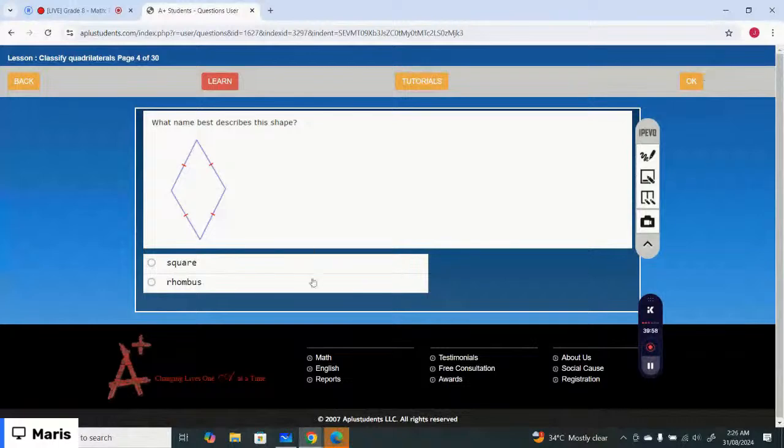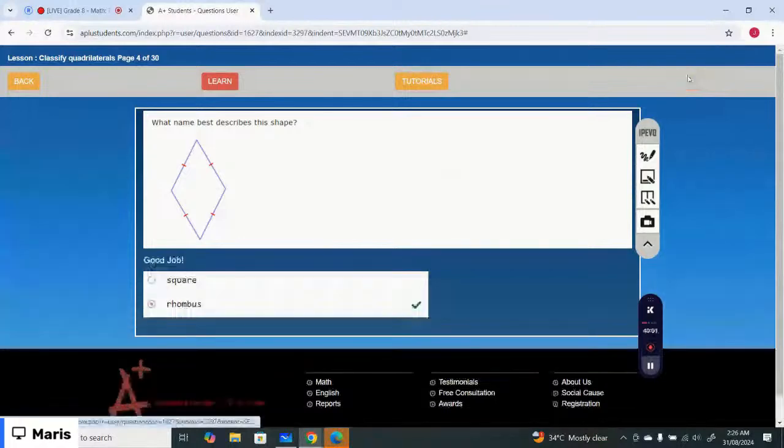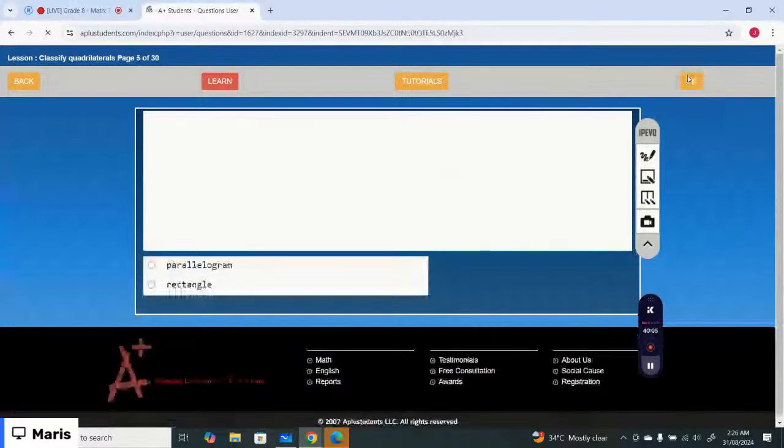The correct option is rhombus. What name best describes this shape? Parallelogram, rectangle.